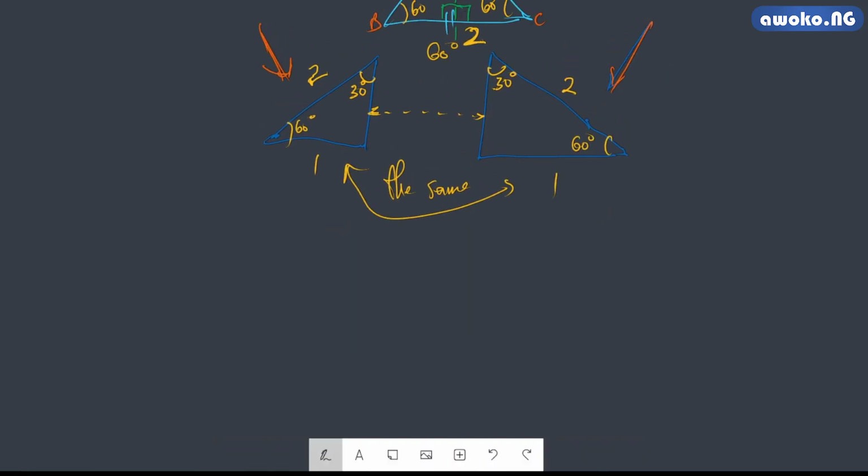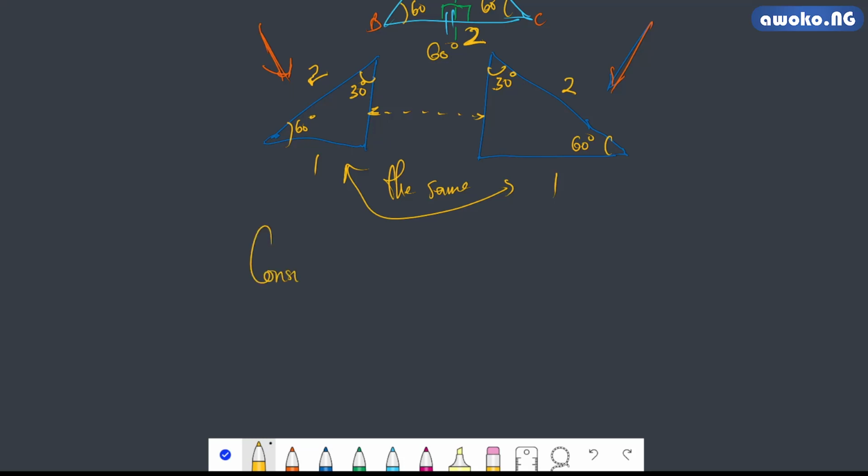If we decide to pick the one facing the right, that's the right angle triangle, considering angle 30 degrees. For the angle 30 degrees, this becomes the opposite, while this becomes the adjacent.